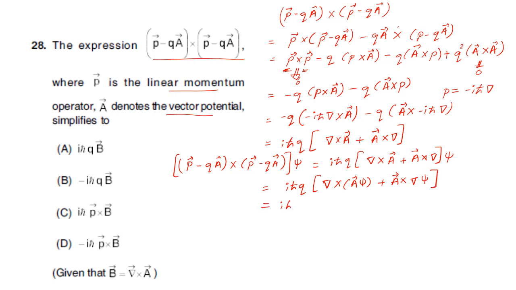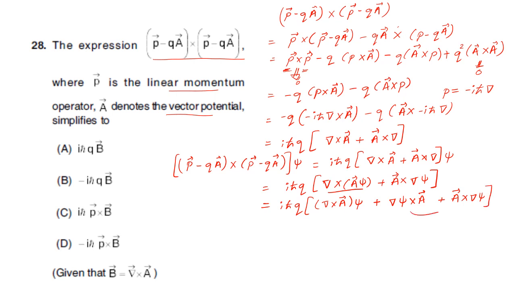Simplify this one. Del cross A psi means del cross A into psi plus del psi cross A plus A cross del psi.